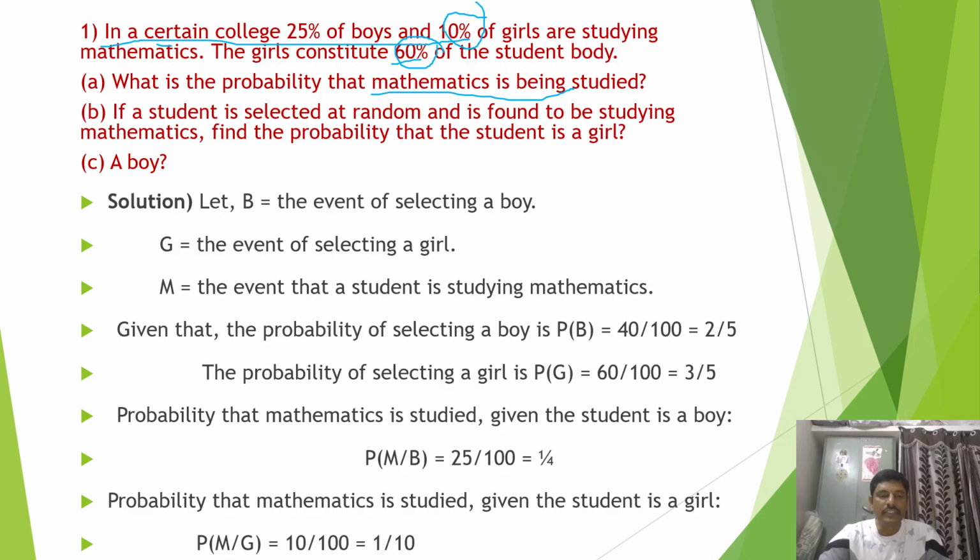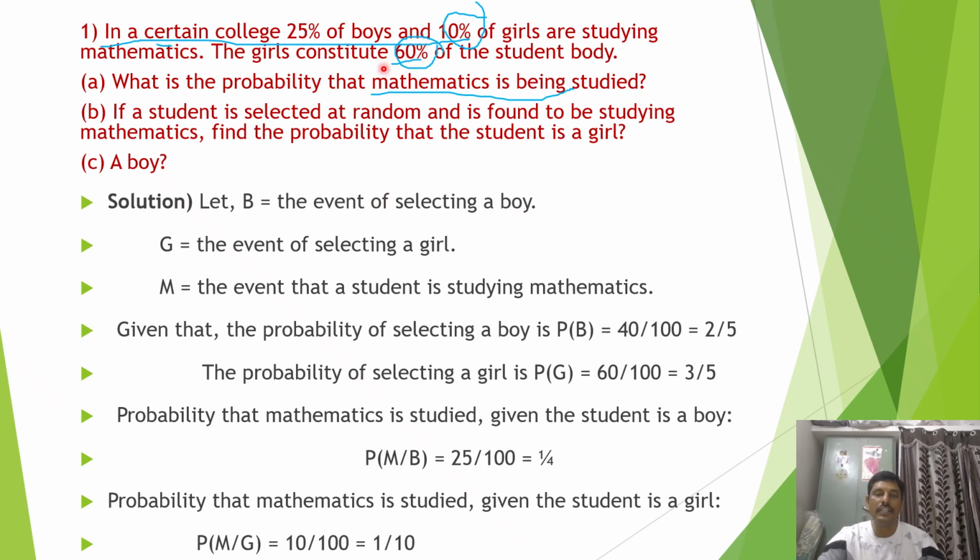Now coming to the solution. B is equal to the event of selecting a boy, G is equal to the event of selecting a girl, M is equal to the event that the student is studying mathematics. Clear? Now, given the probability of selecting a boy, P of B is equal to 40 by 100. How do we get 40 by 100?